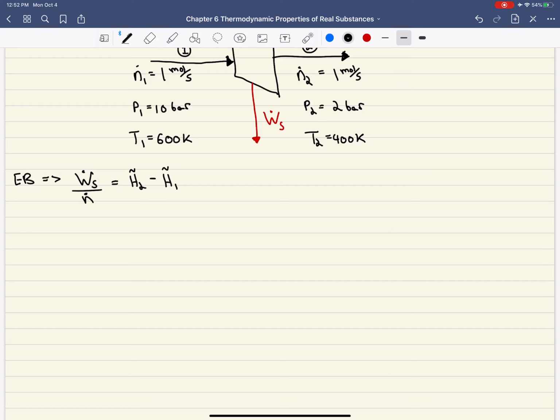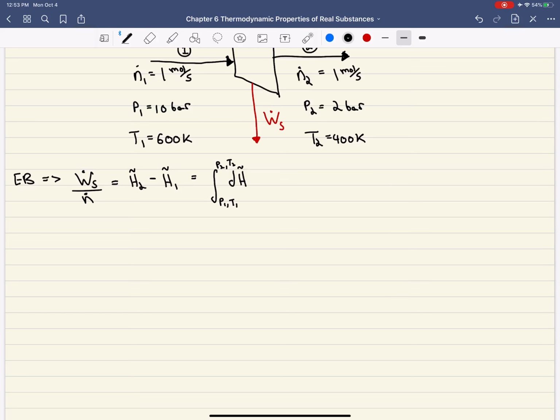By definition, we could describe this difference as the integral of the total derivative of the enthalpy from its initial pressure and temperature to its outlet pressure and temperature. That's just the basic definition of the difference between two enthalpies.